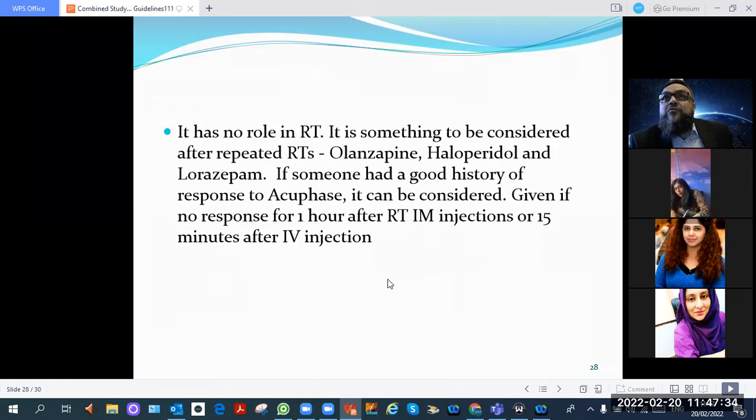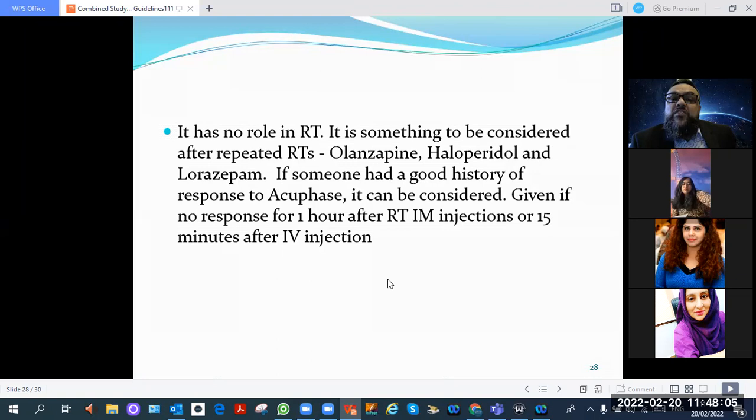So if you have to give the haloperidol again and again, and lorazepam and promethazine again and again, you have to give all these things repeatedly, then maybe at some stage your consultant may decide to give zoclopentixol acetate for the full duration of 72 hours, and that's it. So it should be a consultant decision. It has no role in rapid tranquilization.